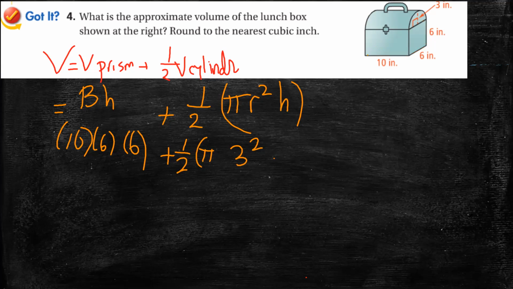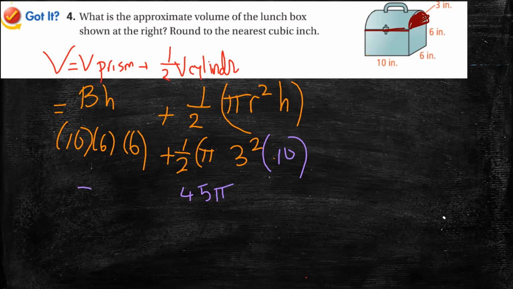This is the cylinder, 10. The height of the cylinder is the line segment that's perpendicular to it. So what will the height be? It will be 10. So 9 times 10 is 90 pi over 2 is 45 pi.